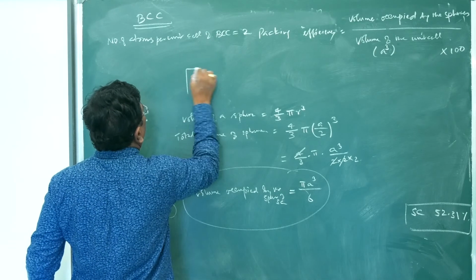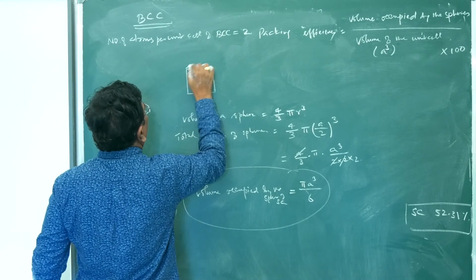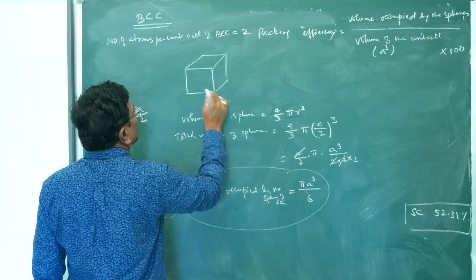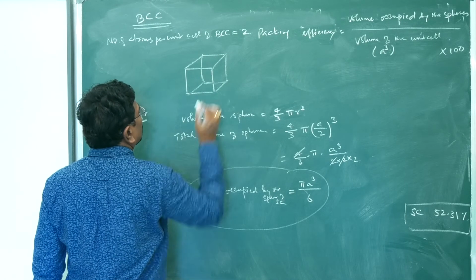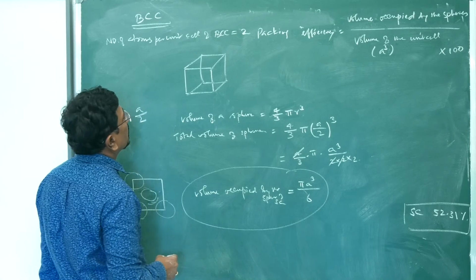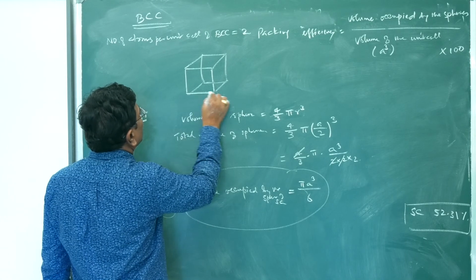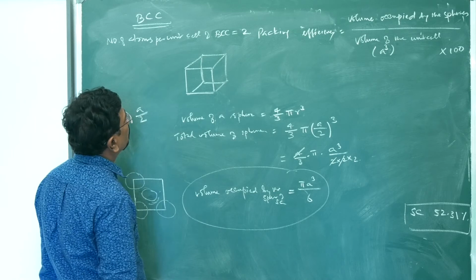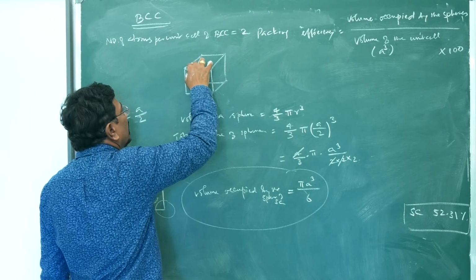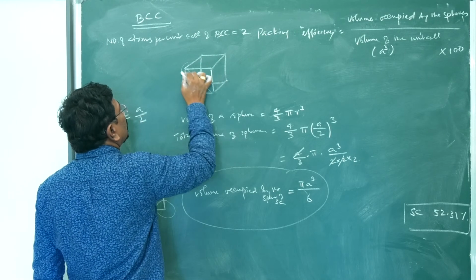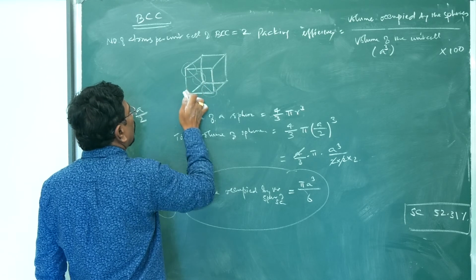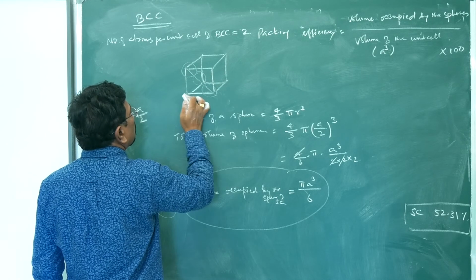See, a cube is drawn like this. This is the cube I have drawn. All the edge lengths are a. If it is the line which makes all the three spheres join together, we can calculate using the Pythagoras theorem.